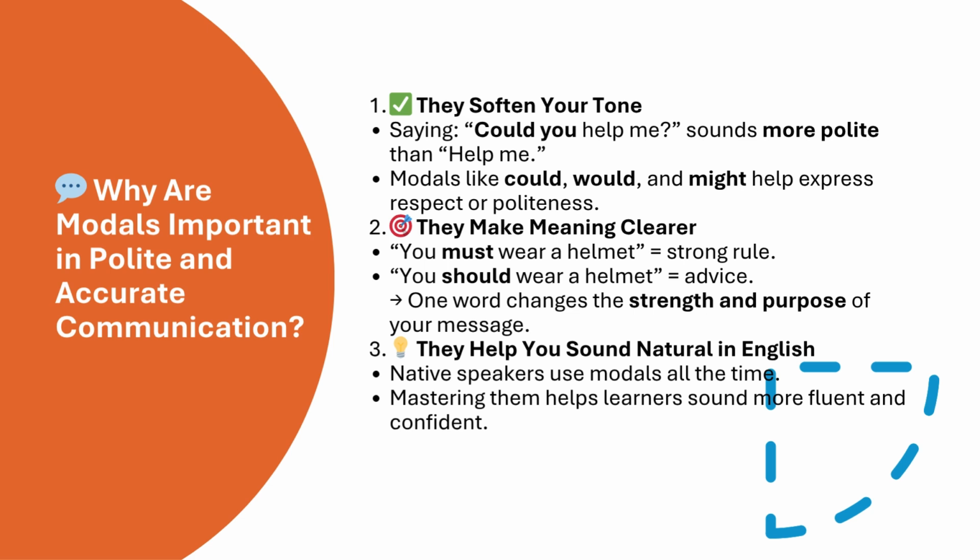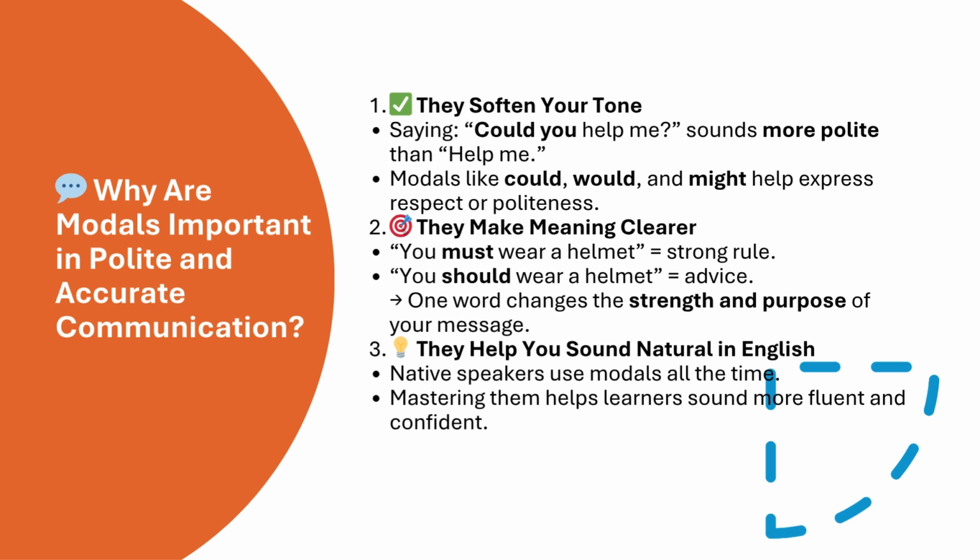For example, here are two different modals that we use. If you're saying you must wear a helmet, that is a strong rule. But instead of using must, if you use should, like you should wear a helmet, that is advice. So as you can see, by changing just one word, it totally changed the purpose of the message and the strength of your sentence.